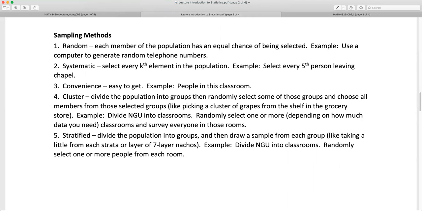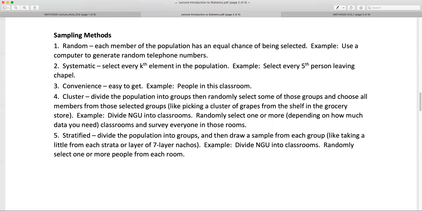So first, normally one of the best ways to collect sample data is to select the data randomly. Each member of the population has an equal chance of being selected.